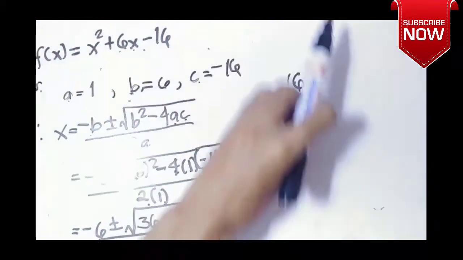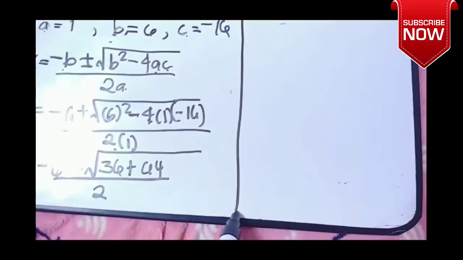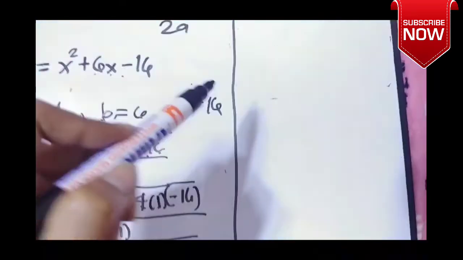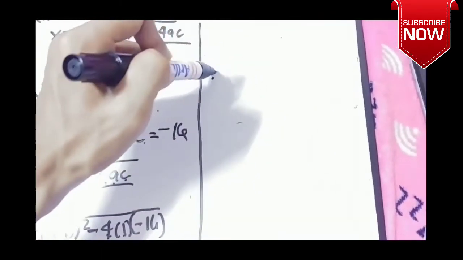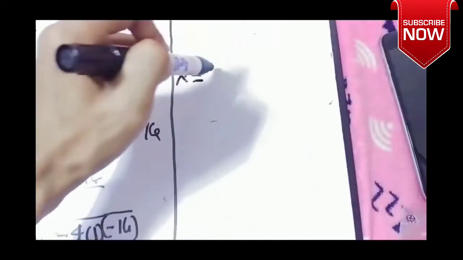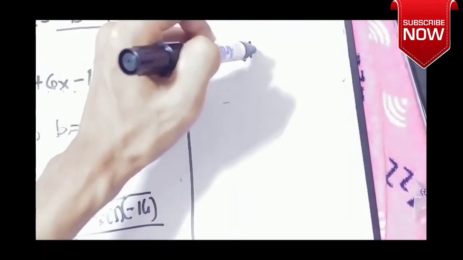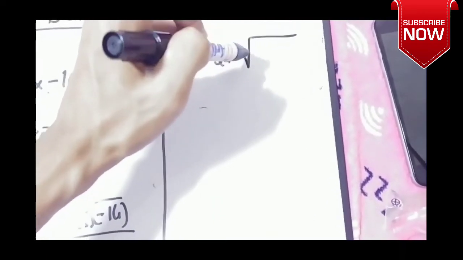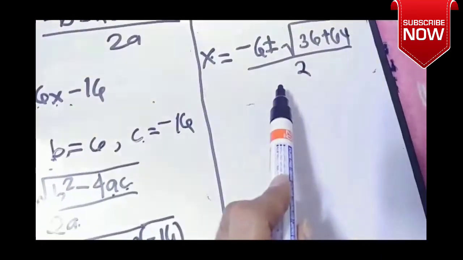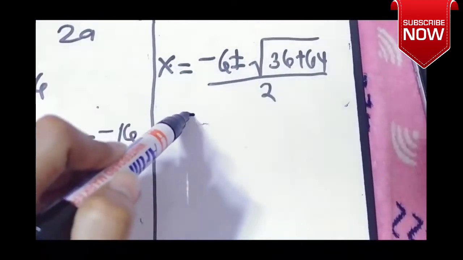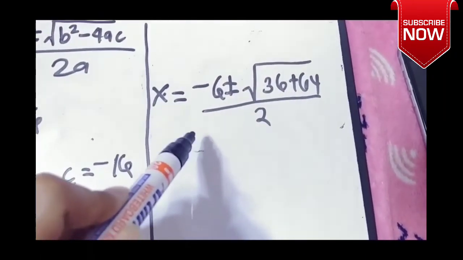Alright, so erase. Gagawa tayo ngayon ng separation para hindi magulo. So, ikakopy lang natin to para dito na tayo tumingin sa right side. So, that would be x equals negative 6 plus minus 36 plus 64 all over 2. Yan din siya. Kinopya lang natin. Okay, equals. So, simplify lang natin siya.